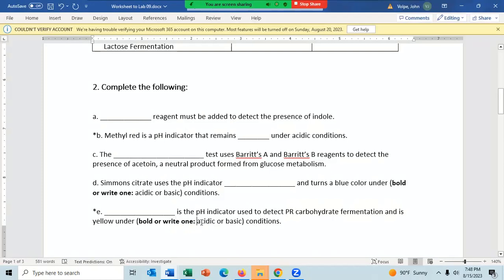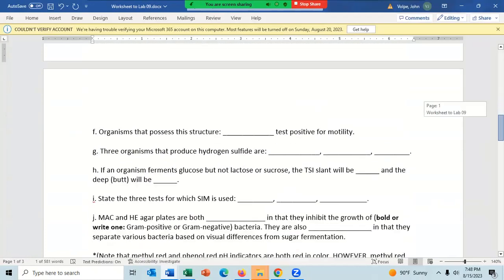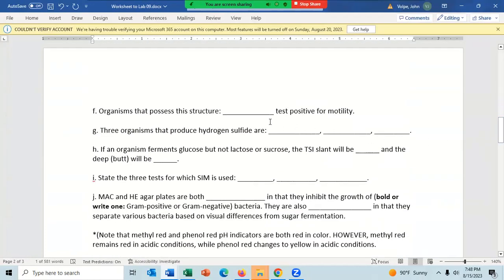You need to bold one of the answers or underline the answer, or you can write it over here. F, organisms that possess this cell structure test positive for motility. So name the cell structure. We're talking about prokaryote organisms, by the way.